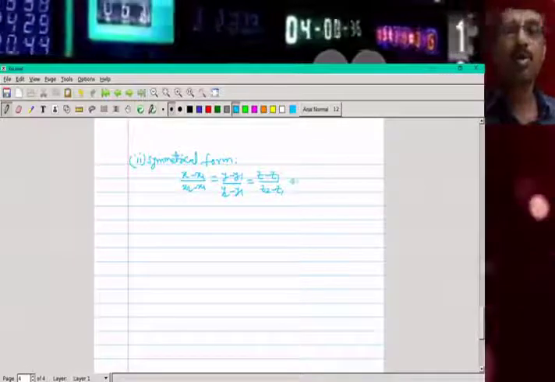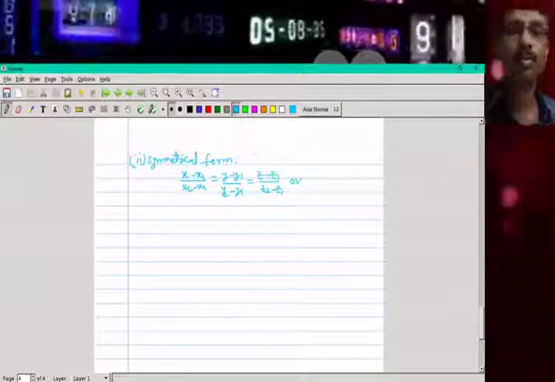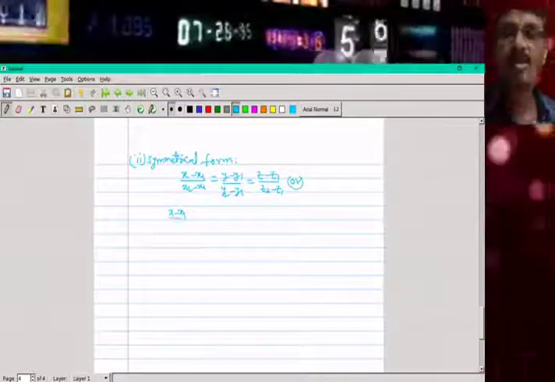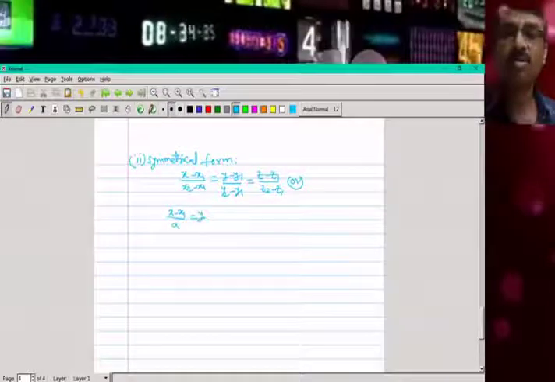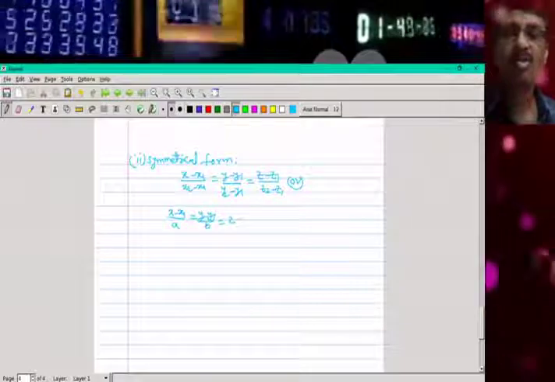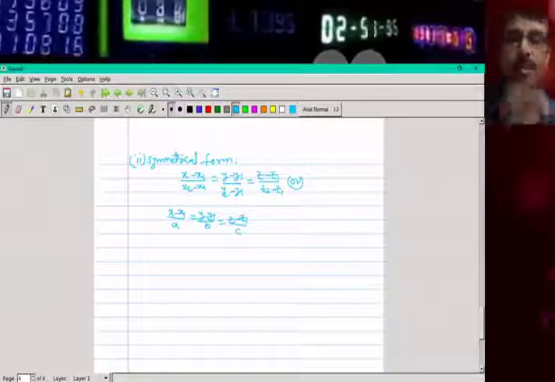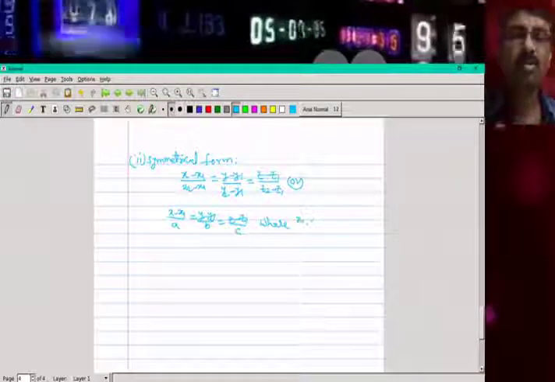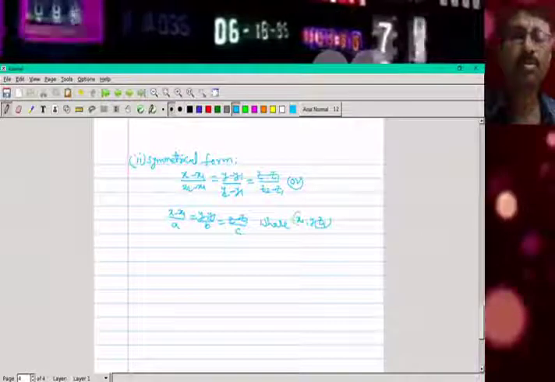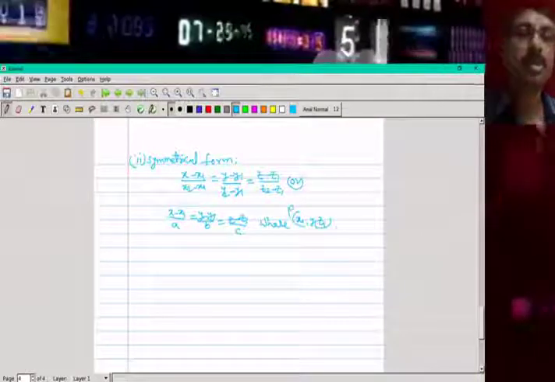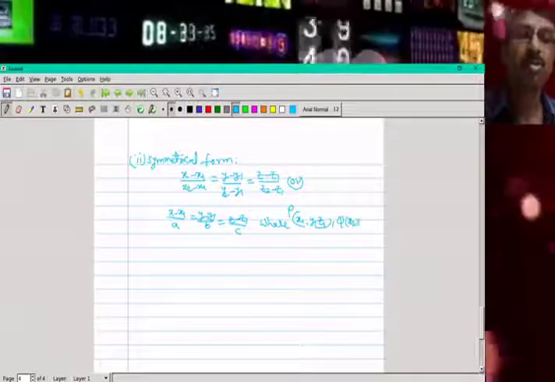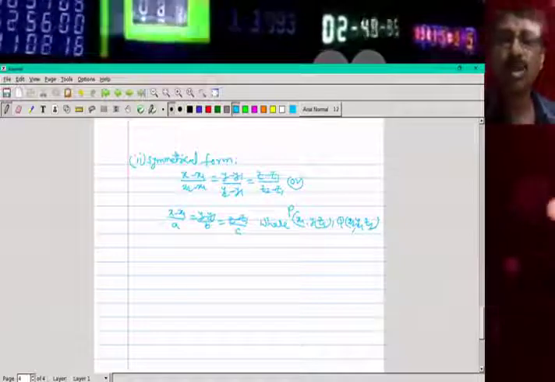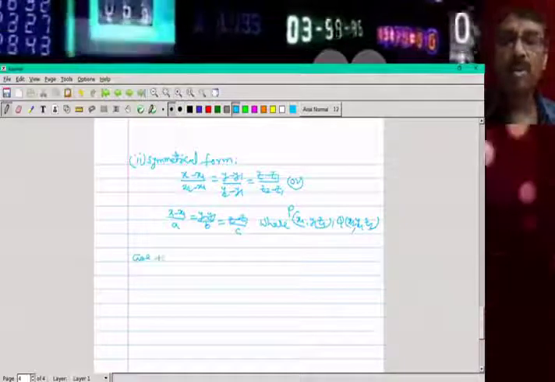Or x minus x1 by a equals y minus y1 by b, equals z minus z1 by c, where x1, y1, z1, let's say P, and Q, x2, y2, z2 are two points.